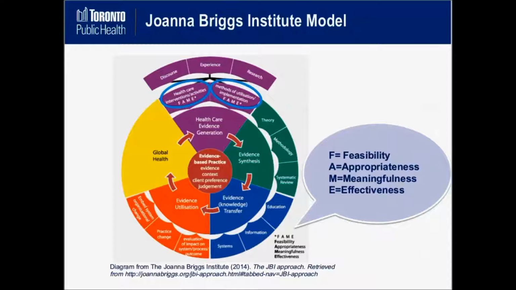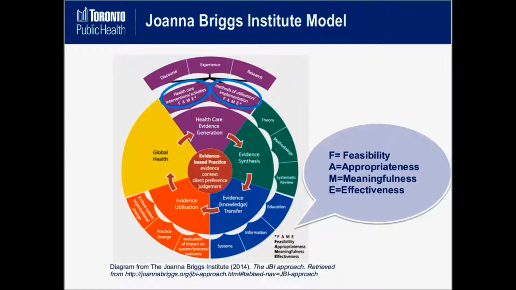I am using one of the models called the Joanna Briggs Institute Model, and this model believes that robust evidence is generated through 4 elements. As you see on the right-hand side, FAME. F means feasibility, A means appropriateness, M means meaningfulness, and finally, E means effectiveness.